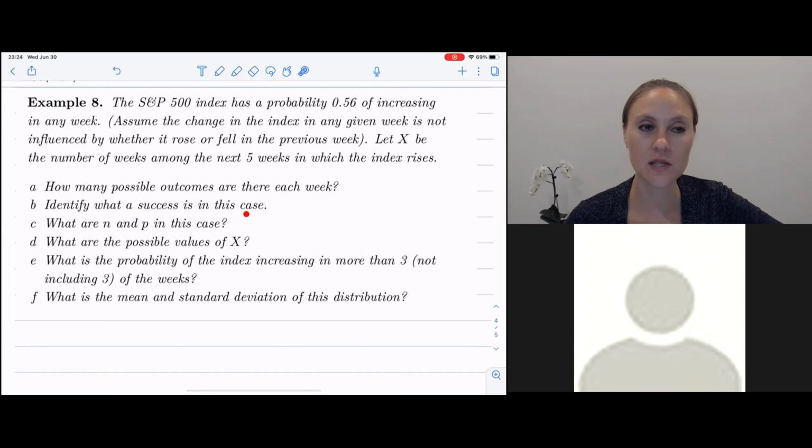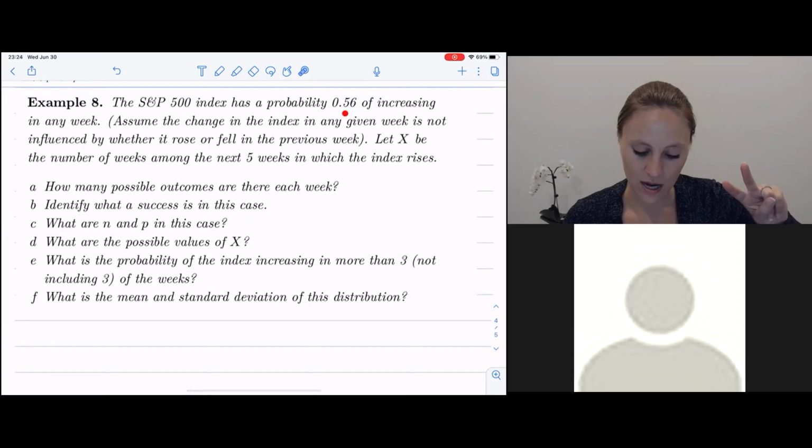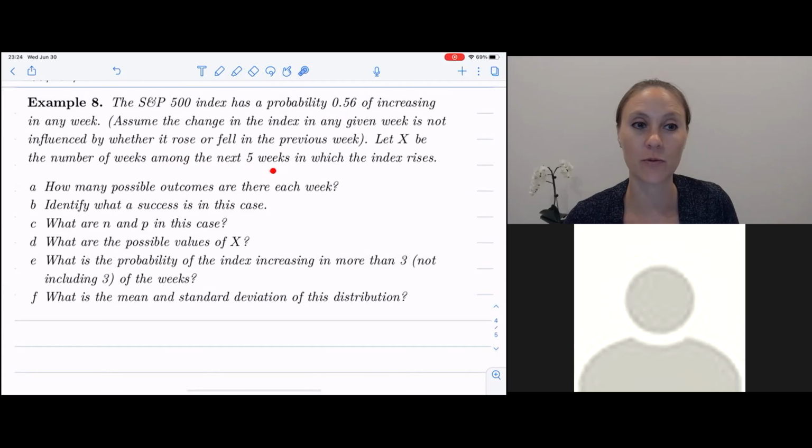Success in this case, there are 2 signs pointing towards it, right? So the probability that we're given is the probability of it increasing. So a success in that case would be increasing. But also X is the number of weeks among the next 5 weeks in which the index rises. So again, it's telling us that it's the index rising.